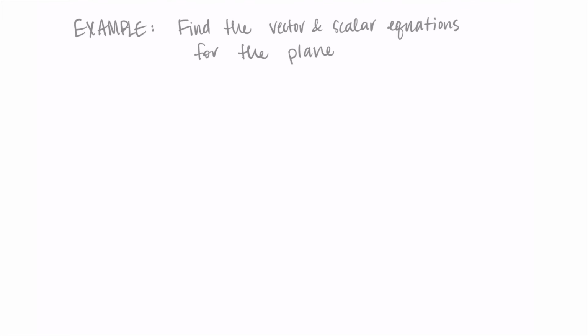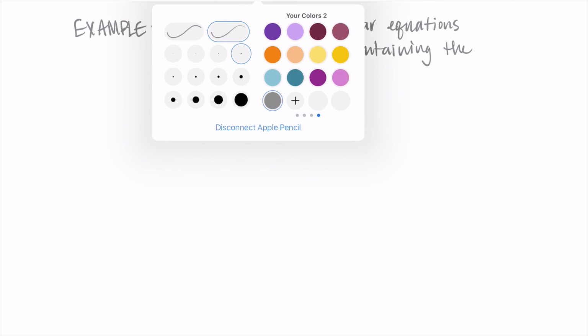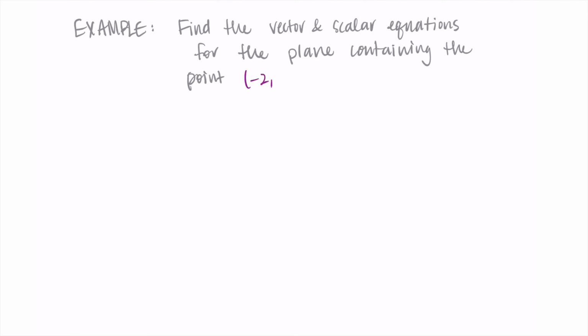So it's the plane containing the point, let's say the point is -2, 1, 3, and I'm going to give you the normal vector. So let's say it has the normal vector, we'll call it n, is equal to 1, 1, -4. Okay, so we have a point and we have a normal vector.